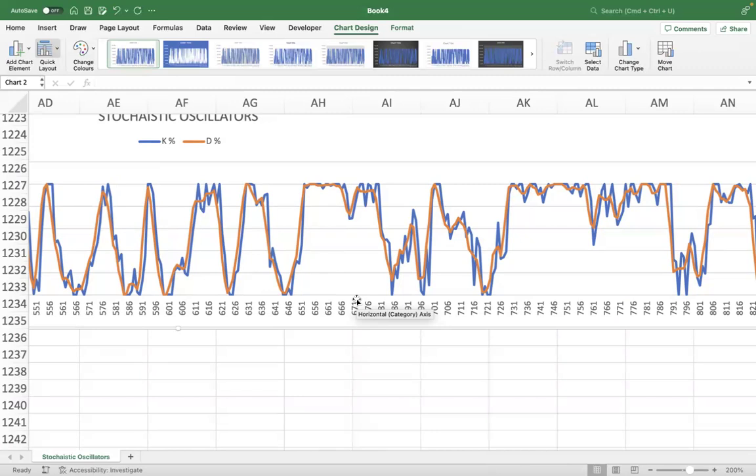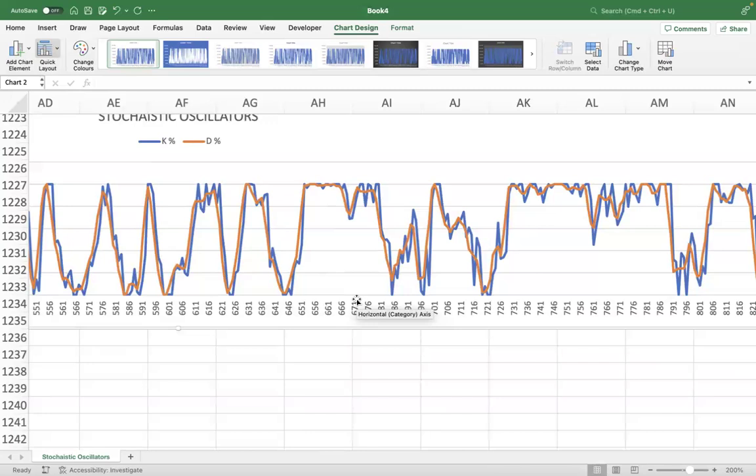So RSI and stochastic oscillators are very similar. And in fact, the modus operandi is very similar to MACD also, because there also there are two lines, MACD and the signal. Okay. So as I always mention, you will never enter or exit a trade relying just on one indicator.